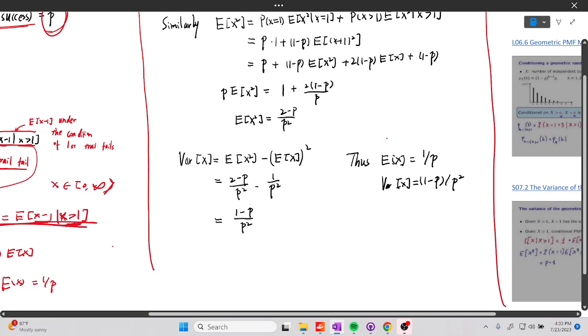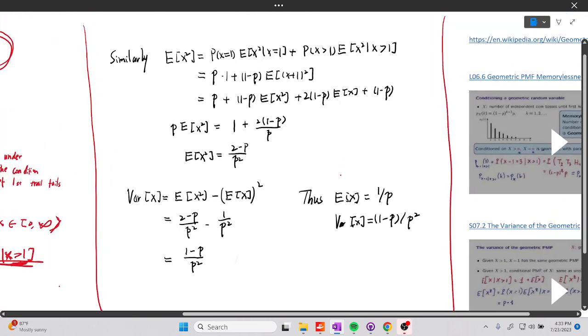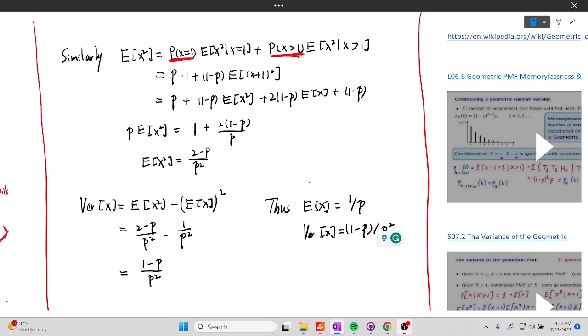Similarly, we can do the same thing for the expectation value of X squared. Split into X equal to 1 and X greater than 1, the probability of trying 1 time and succeeding, and trying more than 1 time.